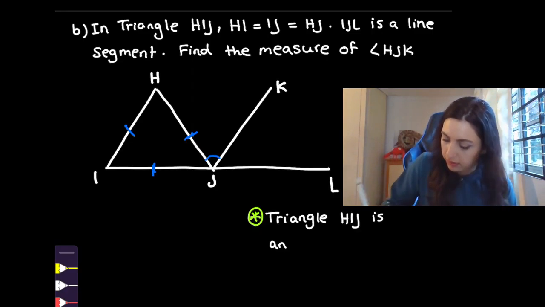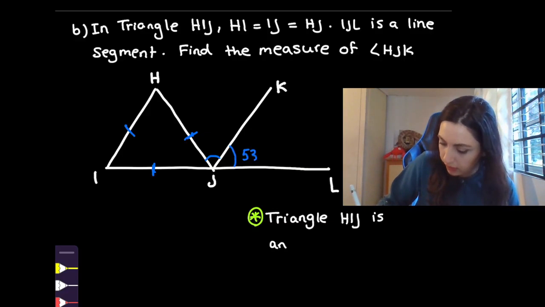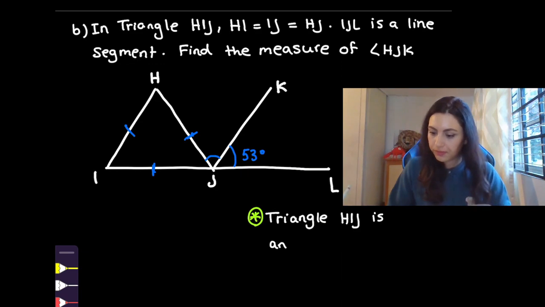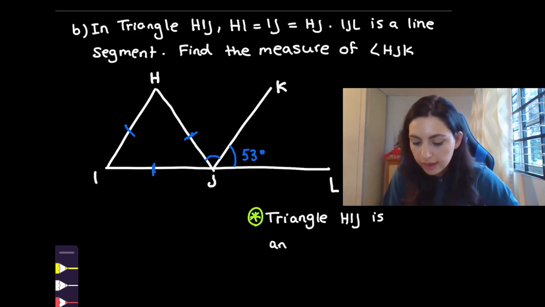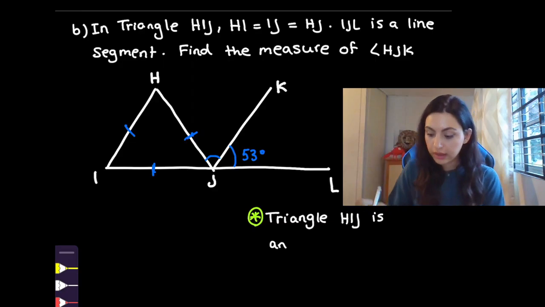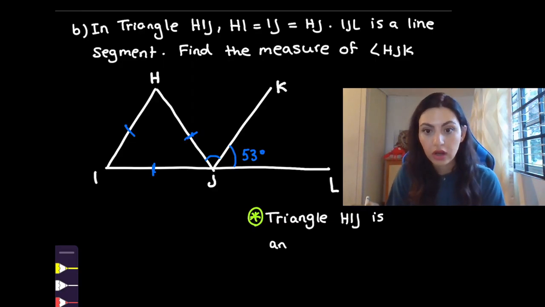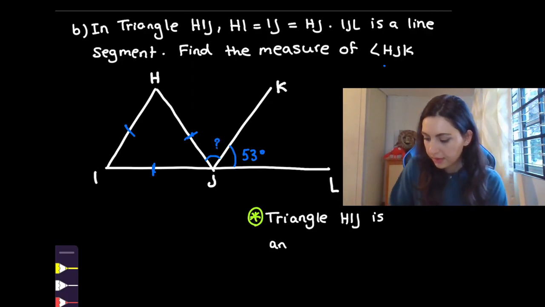This angle is not given, but this angle is given as 53 degrees. IJL is a line segment. So we see IJL, which is another line. We call it a line segment. Find the measure of HJK, which is this angle here.